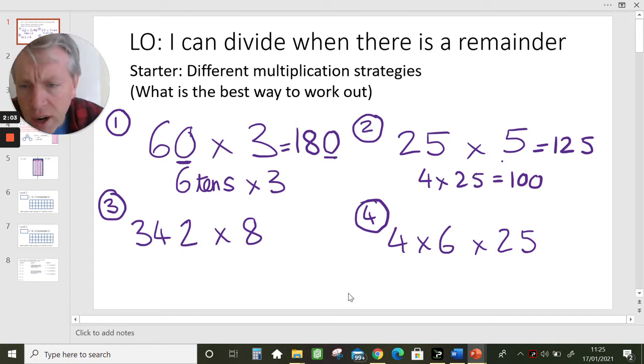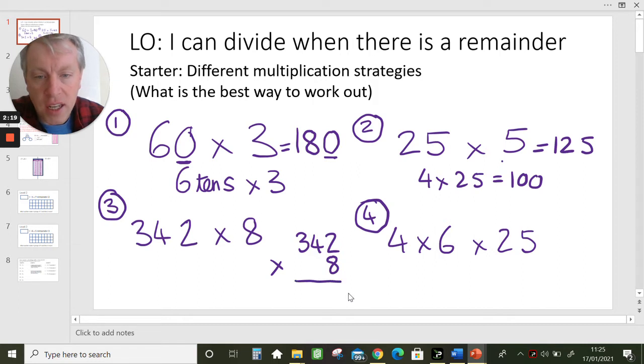Ooh, what about this one here? 342 times 8. Well, that might be one to do with a column method. I hope you maybe thought about that. 342 times 8. 2 times 8 is 16. Did you put the 10 in 16 into the tens column? 4 tens times 8 is 32.